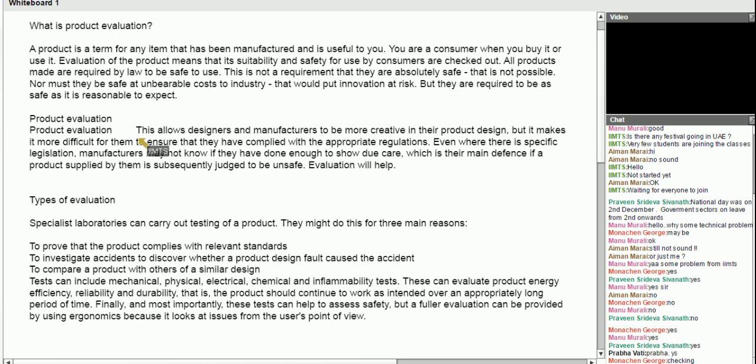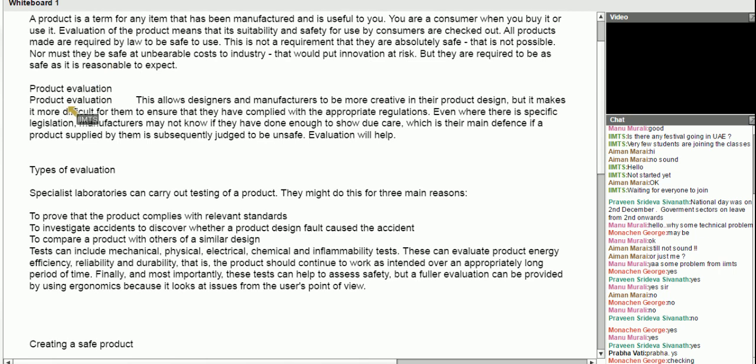Also, the product should be user friendly and easy to use, right? All companies have to follow such norms. There is no company which guarantees 100% safety, only up to a certain extent, because it is also the duty of the person who is operating that product. That is what they are trying to convey in this first paragraph.